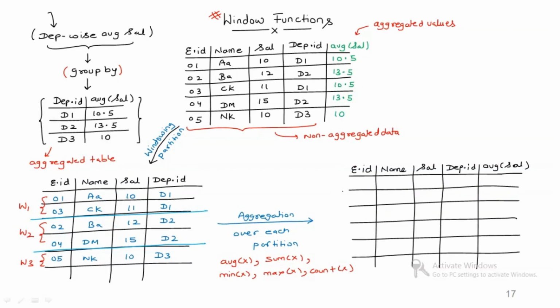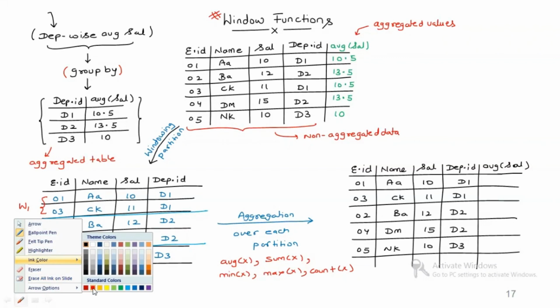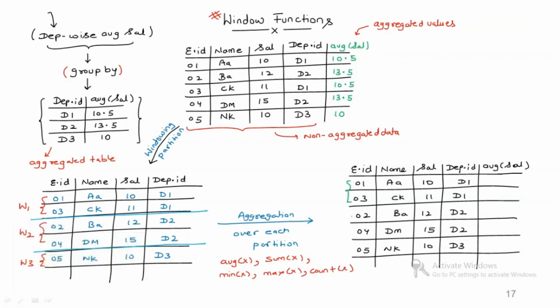I'll fill this with some data: 01, AA, 10, D1, 03, CK, 11, D1, 02, BA, 12, D2, 04, DM, 15, D2, 05, NK, 10, D3. Now we have the partitions: window 1, window 2, window 3. For window number 1, I want the average of salary, so I'll apply average of salary on window number 1. That will give me 10.5, 10.5 as the value.